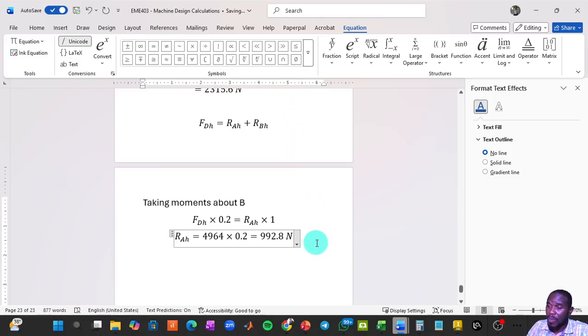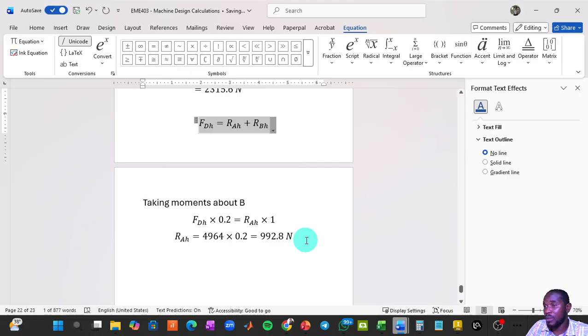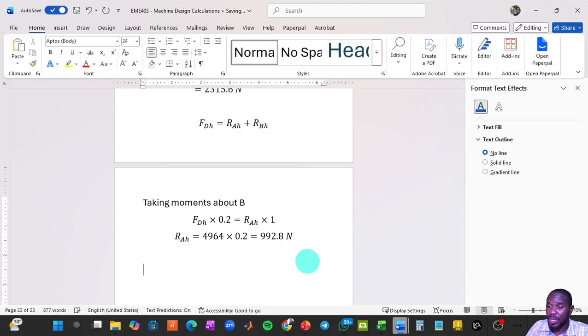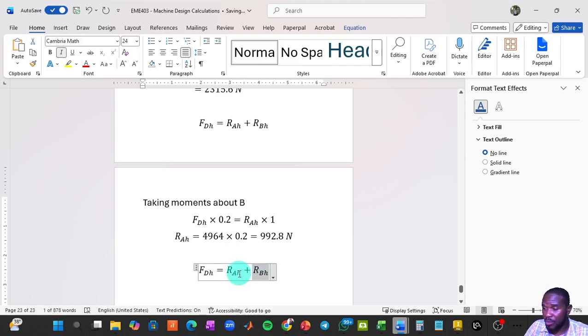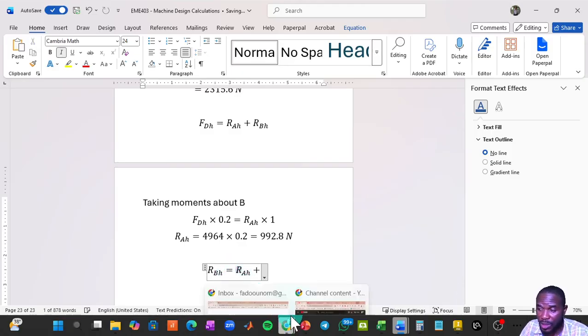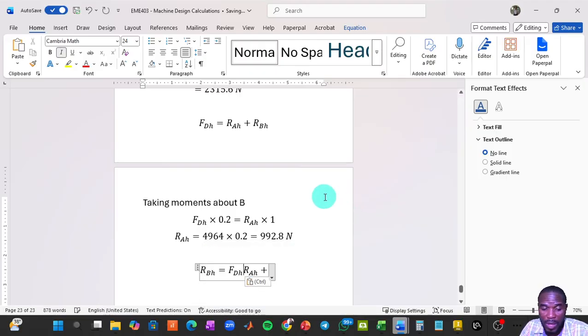Leave it that way. And then we can now take this value and put it in this equation here, and then we will be able to find RBH. So we are looking for RBH now. Putting it on that side, RBH will be FDH minus RAH. So what's my FDH?